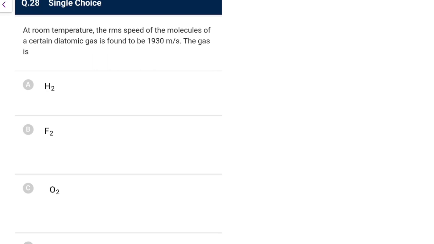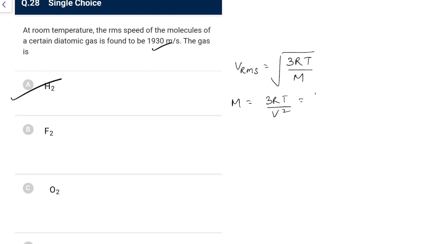At room temperature, the RMS speed of the molecules of certain diatomic gases, the gas is hydrogen, that we have done in one of the questions. I just remember, you can also do it like that. What you can say, Vrms you know is root 3 RT by M. So the molar mass I can find out by 3 RT by V square. So 3 into R you write as 25 by 3, temperature room you take as 300 and V square is 1930 into 1930.